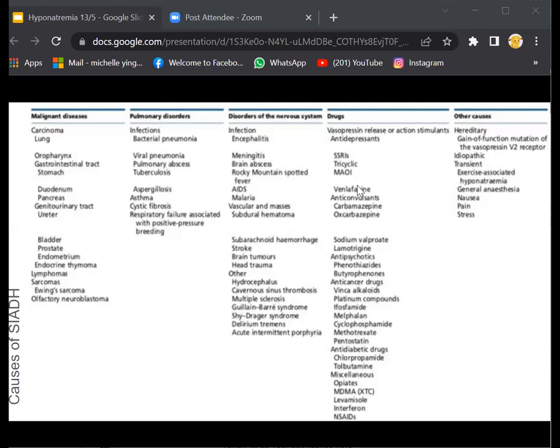A lot of drugs can cause SIADH, for example SSRIs, tricyclics, sodium valproate, lamotrigine, antipsychotics and anti-cancer drugs. Other less common causes include nausea, pain, stress, exercise, and also general anesthesia.